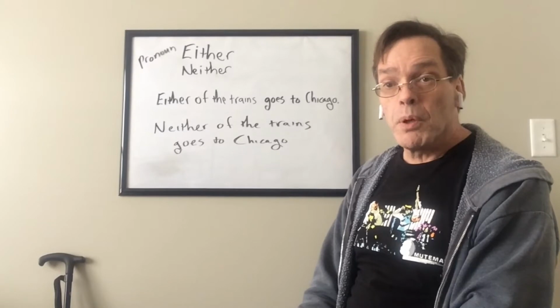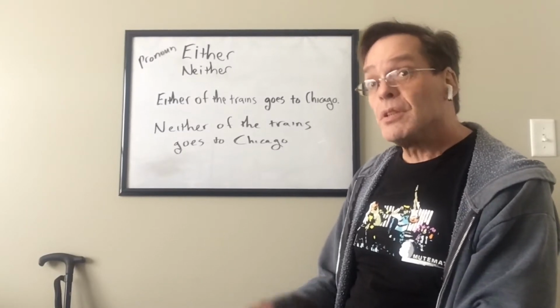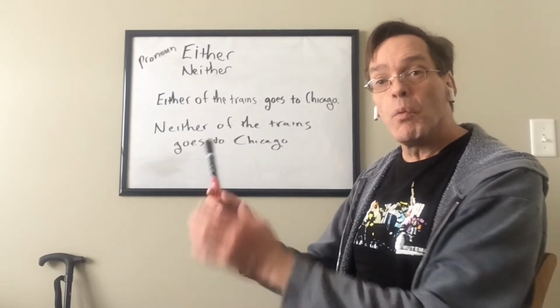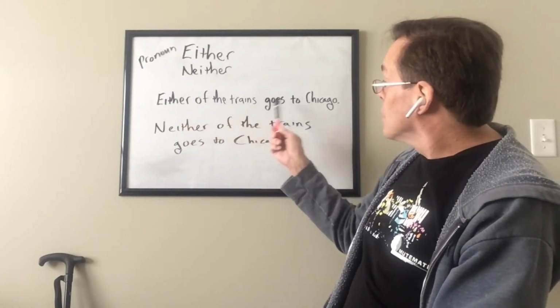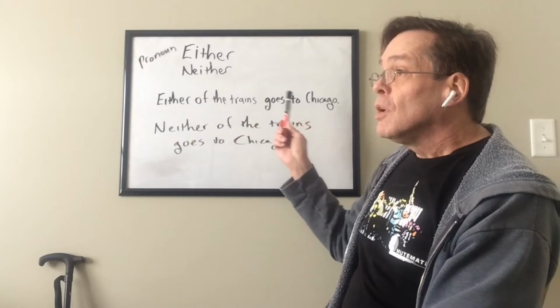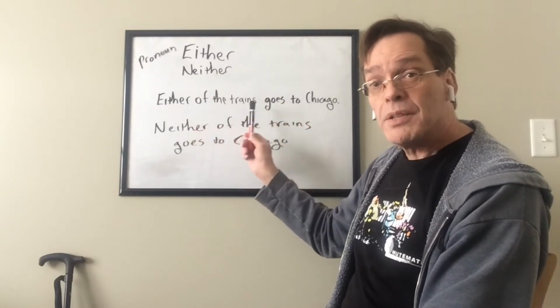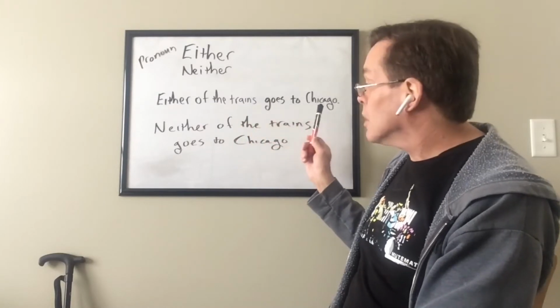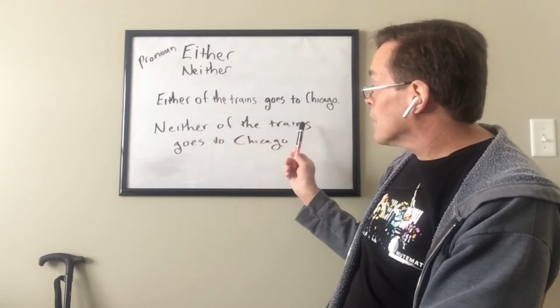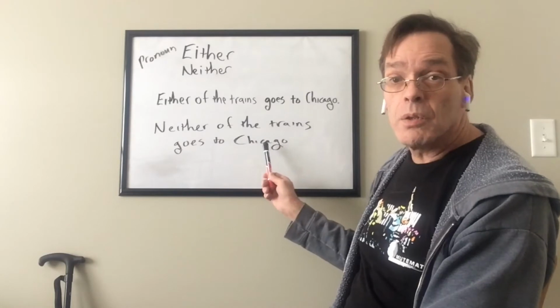When used as a pronoun, either still has that same idea of one or the other. Either of the trains goes to Chicago. You can take one of the trains to Chicago, and you can take the other train to Chicago. Neither of the trains goes to Chicago.